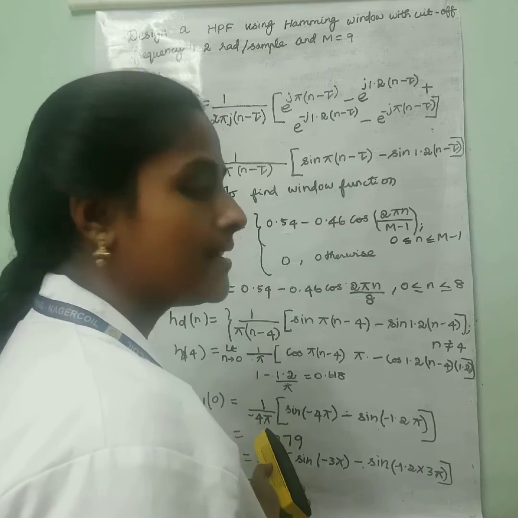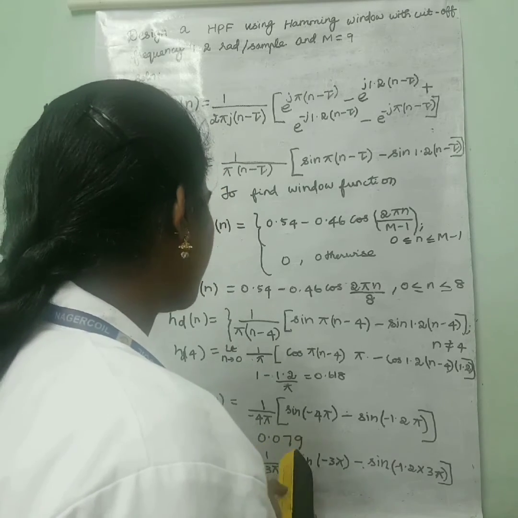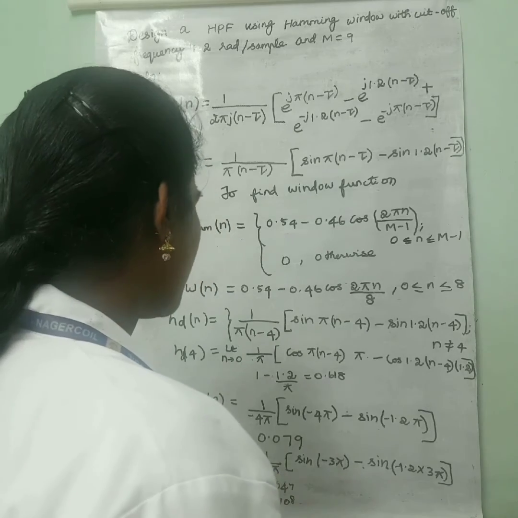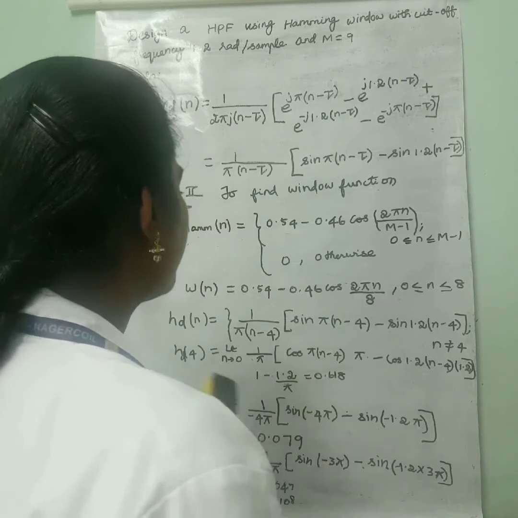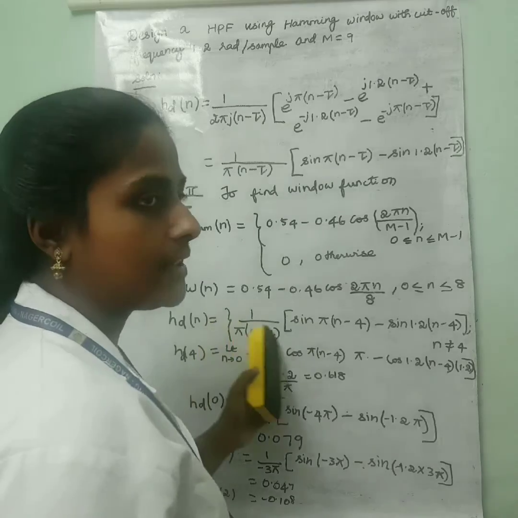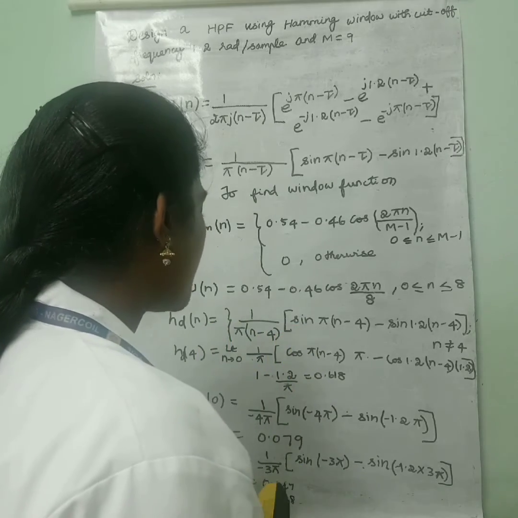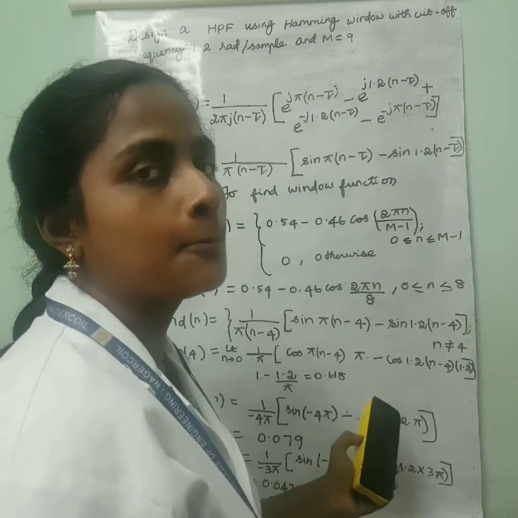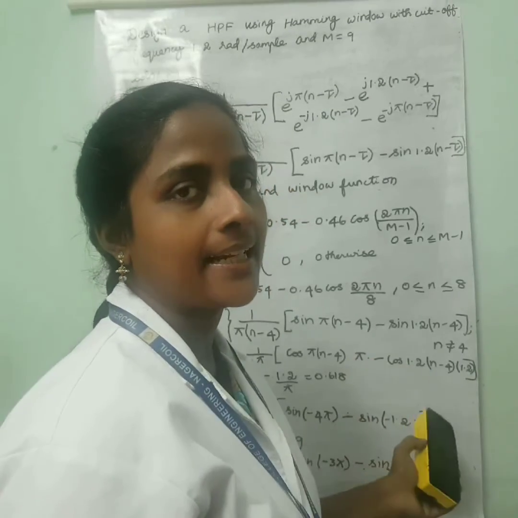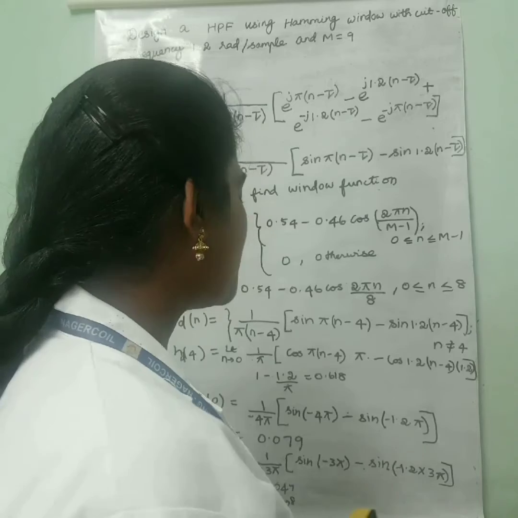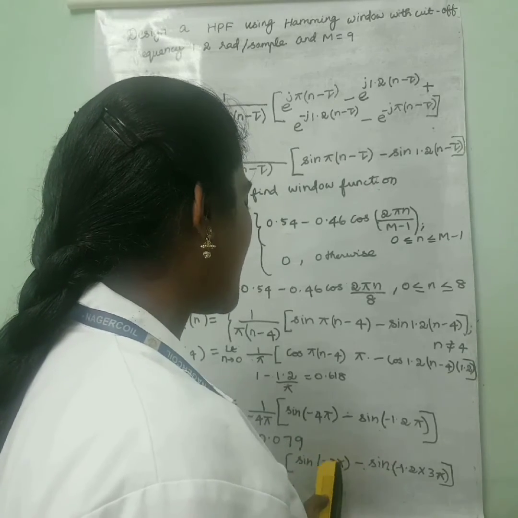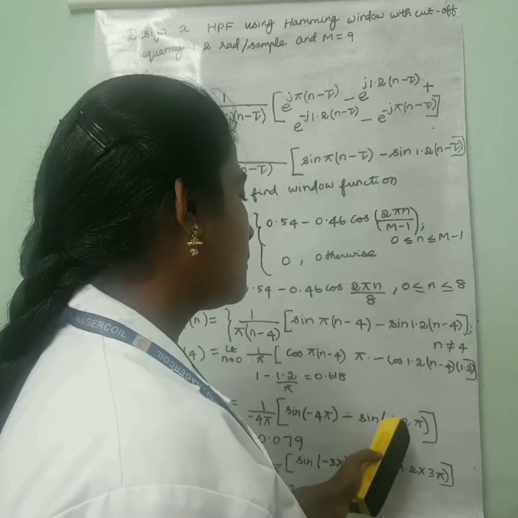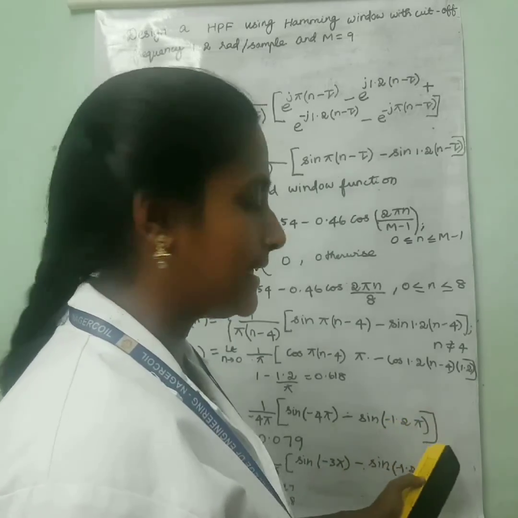The value is 0.079. Similarly, you substitute for h_d(1) also, that is, substitute n is equal to 1 in the h_d(n) equation, you will get 0.047. These values can be directly put in the calculator by putting the calculator in radian mode. You can directly type sin 3π minus sin 1.2 × 3π. You will get directly the answer.